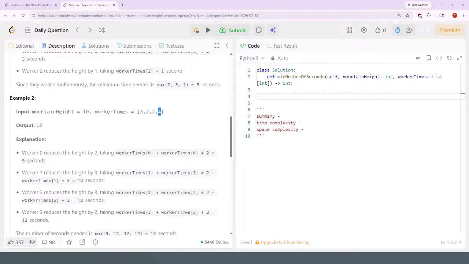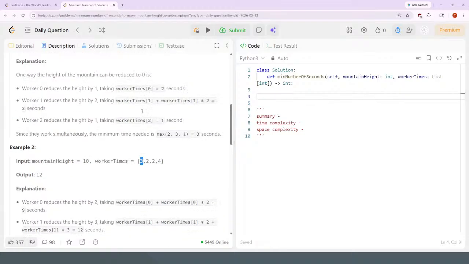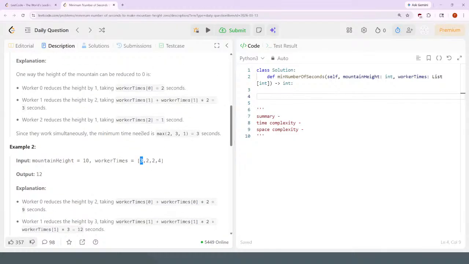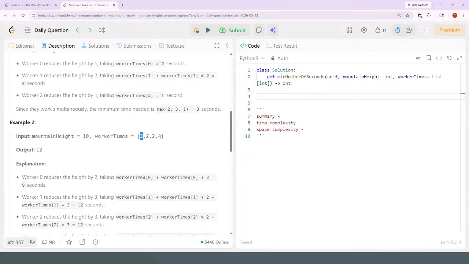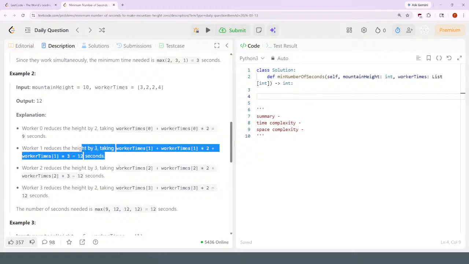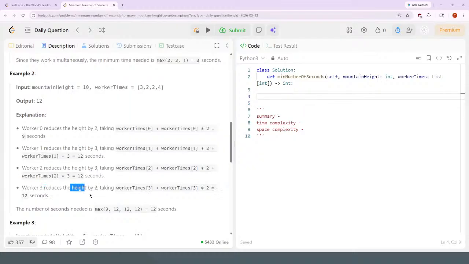This reduces by 1, by 4 seconds. 2 here, or 3 here. Take 3, 6, 9. So it can reduce, no, it should reduce 2 here. Worker 0 reduces by 2, taking 9 seconds. 3, 3, 2, 6, 4, 10, 4.